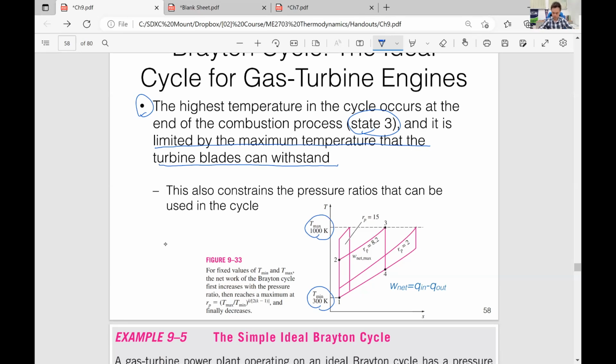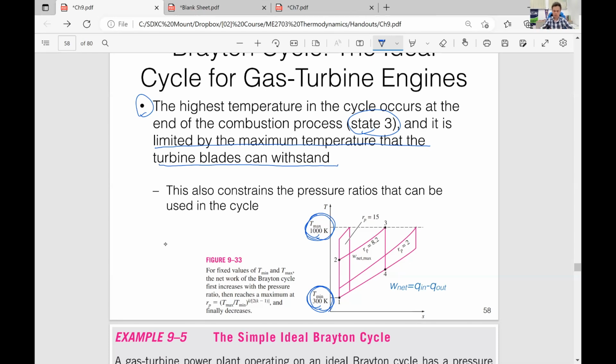Okay, so in this case, this area is the net work out. If the minimum and maximum temperatures are fixed, then the area enclosed by these three process curves will be different.